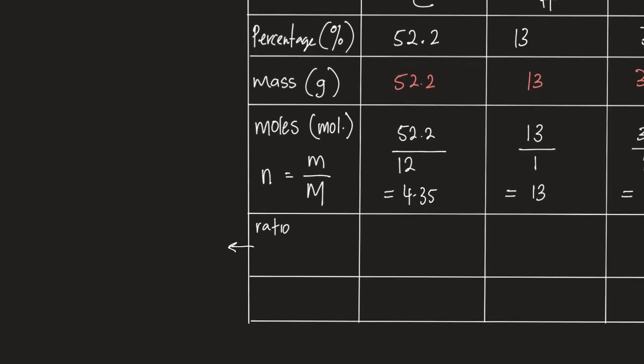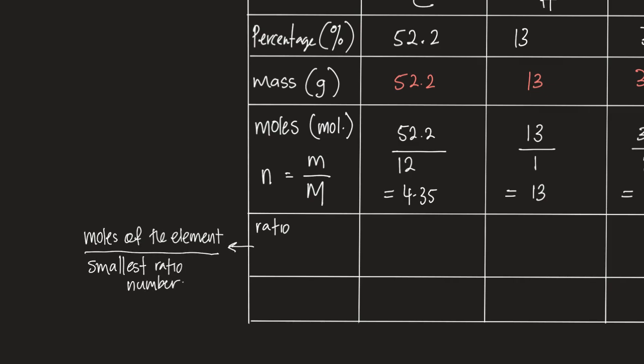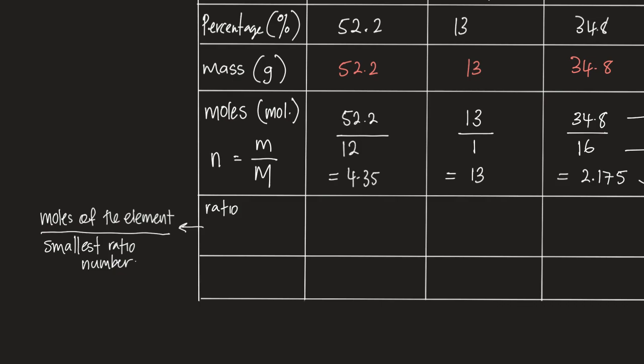To find the ratio, you take the moles of the element and you divide it by the smallest number of ratios. That's the formula. All right, so all I write here is, and there's no SI units, you divide by the smallest ratio.